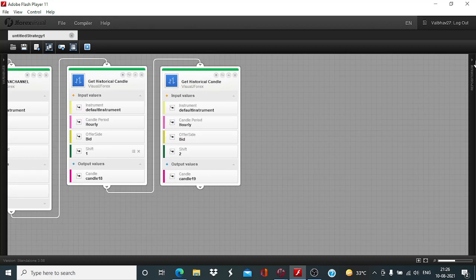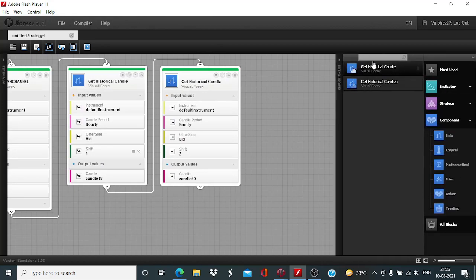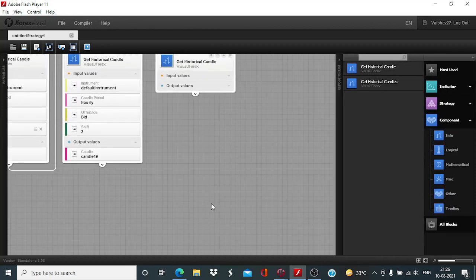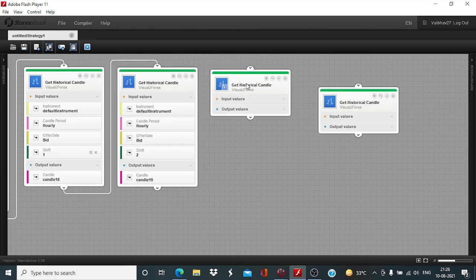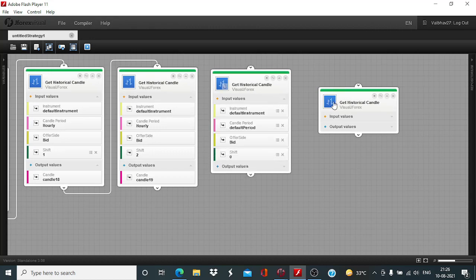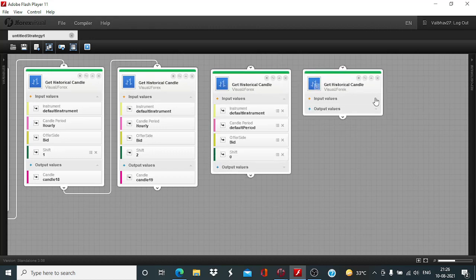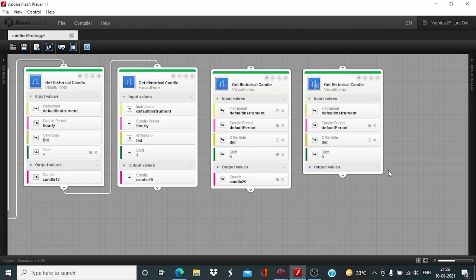Now to pinpoint the entry point, we are also going to need 10-second blocks. And to calculate the middle band value, we will also need to add the calculation expression blocks.